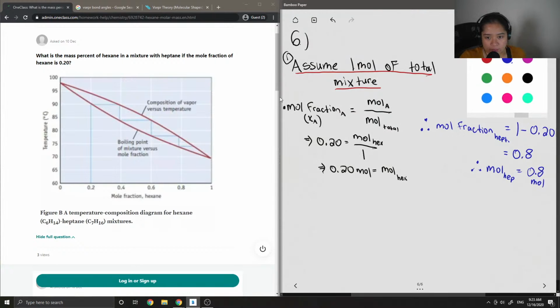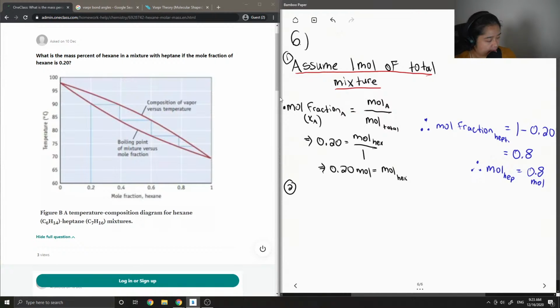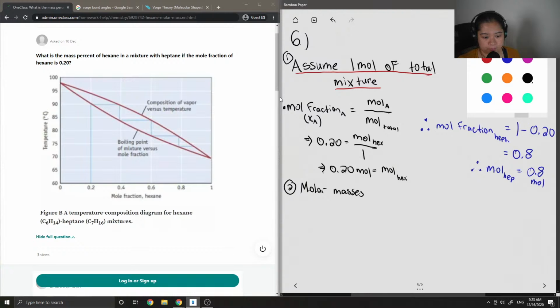Okay, so now that we know the number of moles of both of these gases, step 2 is to find their molar masses. Let's say we didn't know the molar masses of these compounds. Let's just quickly draw them out.